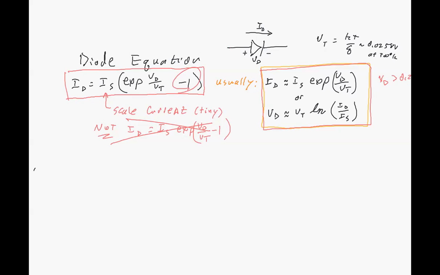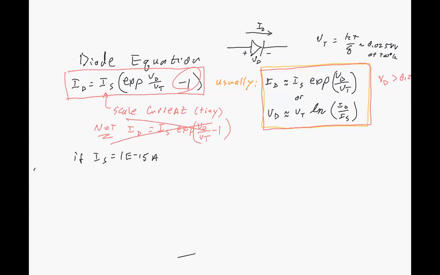So if IS, the scale current, is 1e to the minus 15 amps, and you might be wondering what happens at some other temperatures.